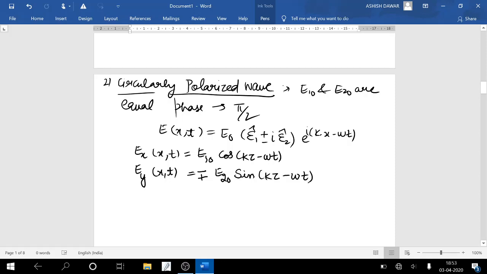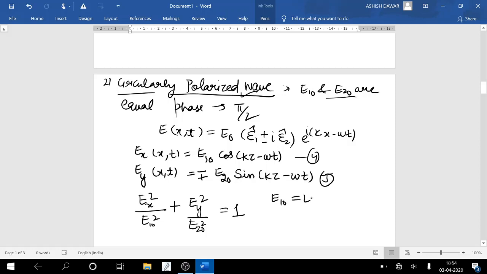So if we square and add these two equations, what we get? Ex square upon E10 square plus Ey square upon E20 square equals 1. Okay, so in case of a circularly polarized wave, we know that E10 equals E20, and let it be equal to E naught.